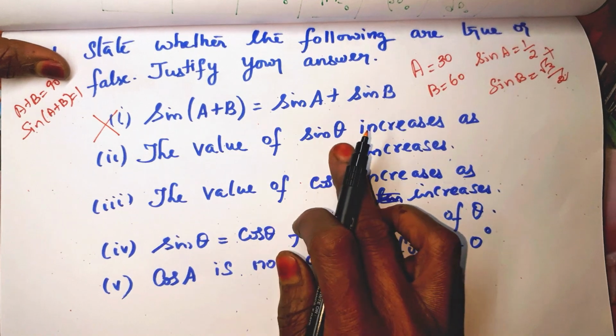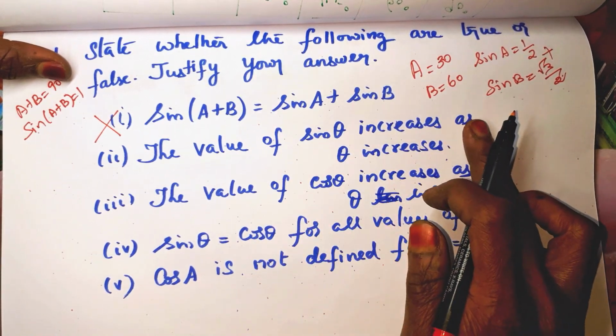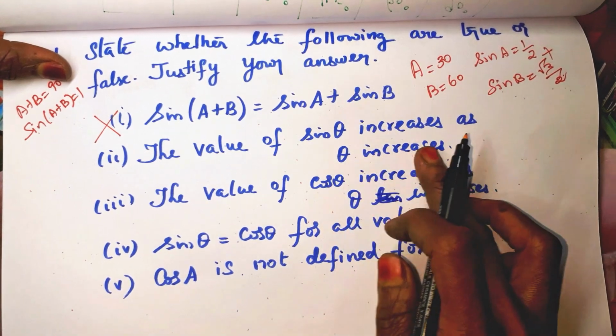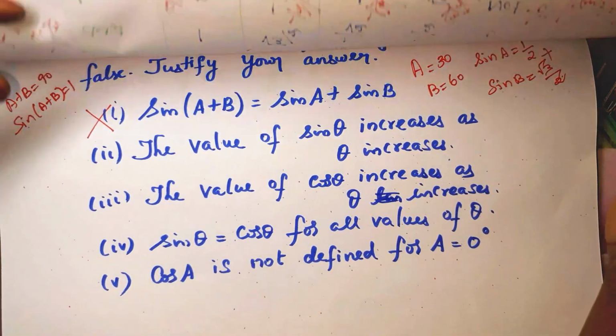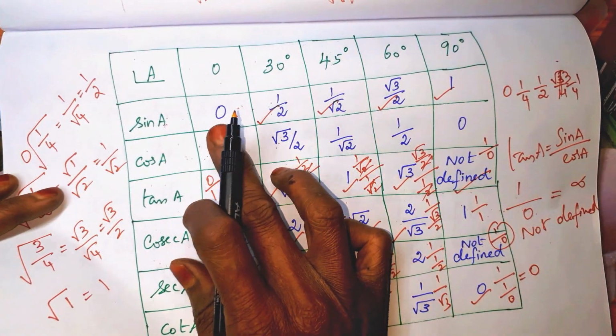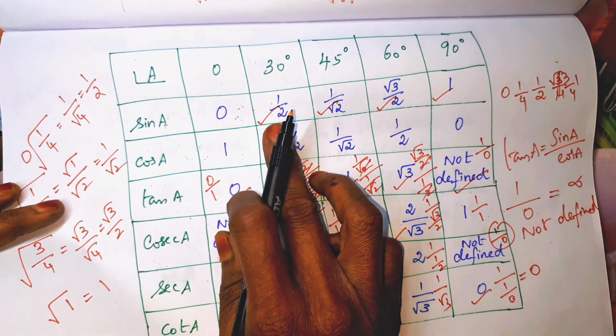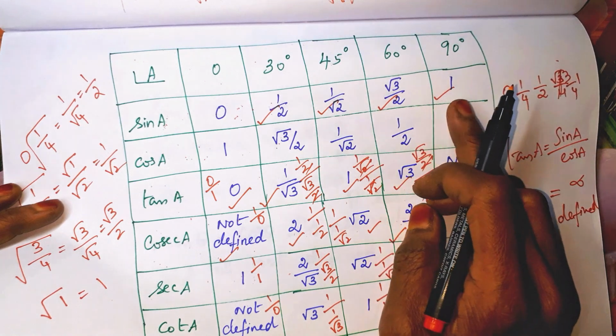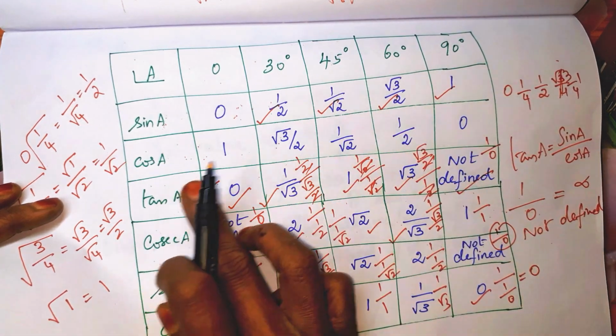The value of sine theta increases as theta increases. See this table: 0, then 1 by 2, 1 by root 2, then root 3 by 2, 1. Is it increasing?